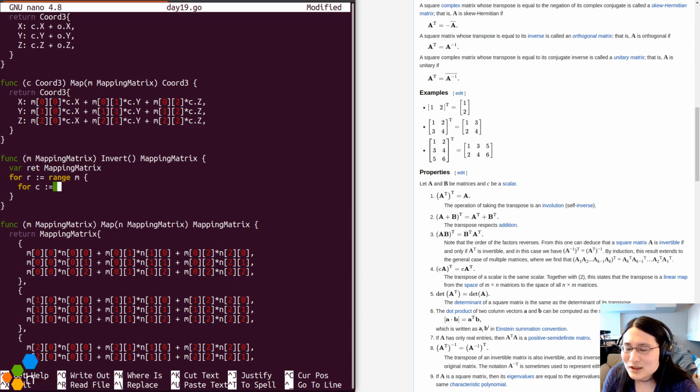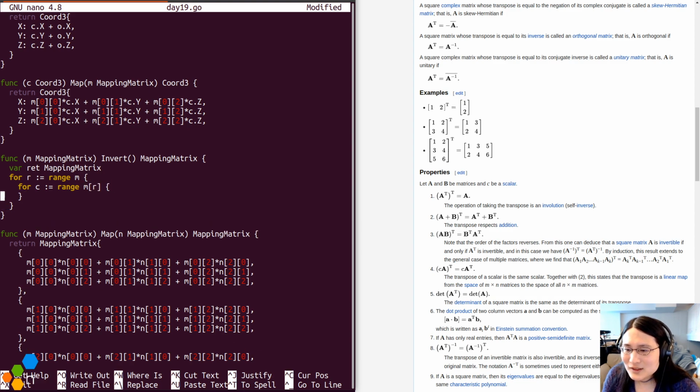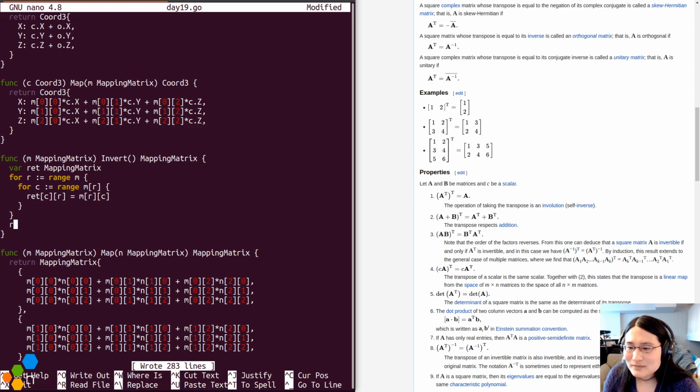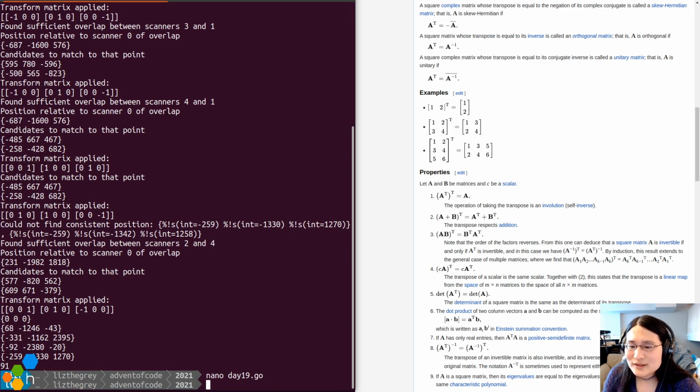For c in range mr, ret, cr equals mrc. Okay, does that do the trick?